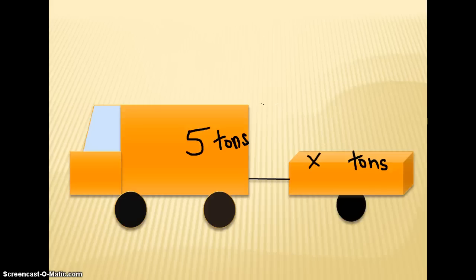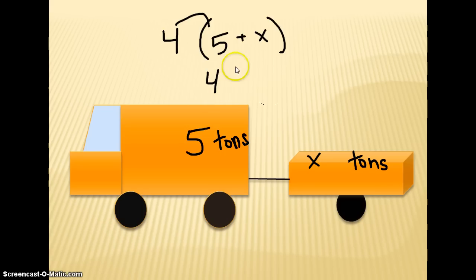So if we're going to make, this time, 4 trips, we can haul 5 tons plus X amount, and let's come up with a simplified formula for this. So 4 times 5, and that's going to be 20, and the trailer will be 4 times X, which is 4X.